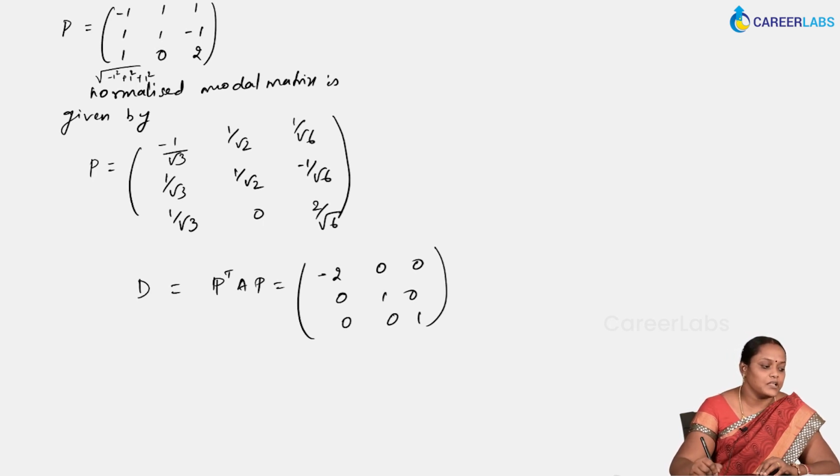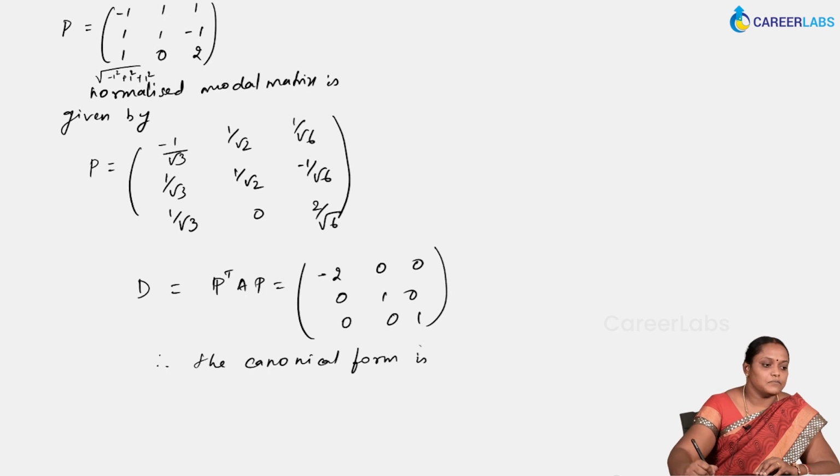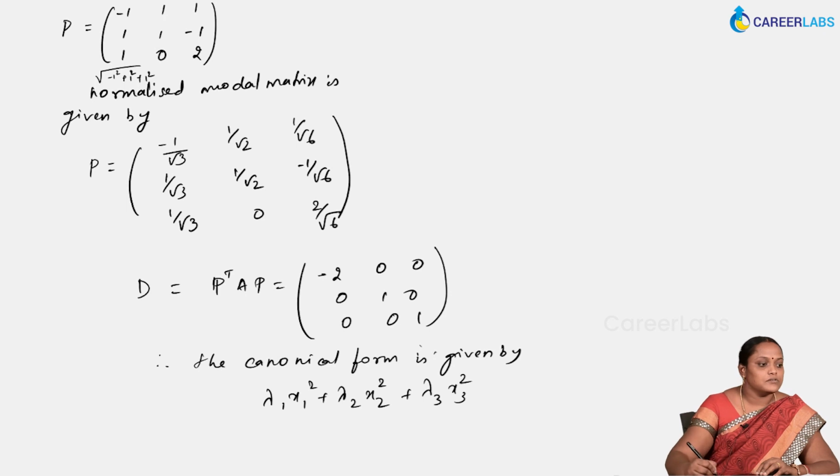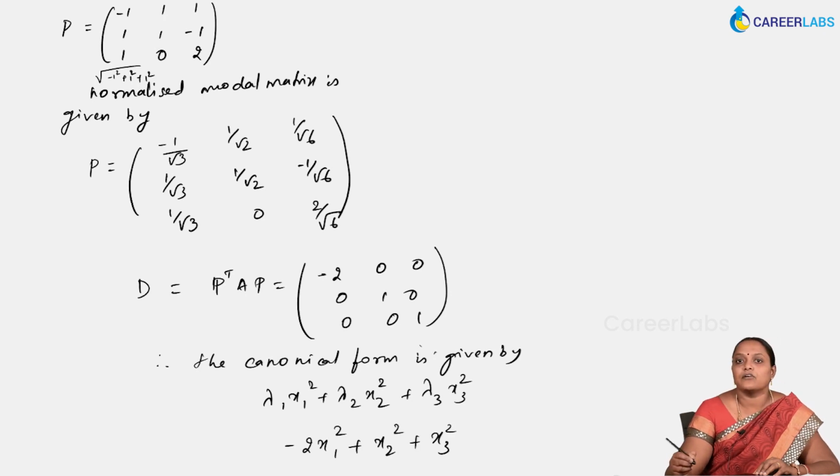Therefore, the canonical form is given by lambda 1 x1 square plus lambda 2 x2 square plus lambda 3 x3 square. What is the value of lambda 1? It is minus 2. Therefore, minus 2 x1 square plus x2 square plus x3 square. This is the required canonical form.